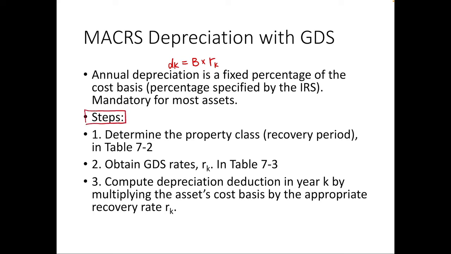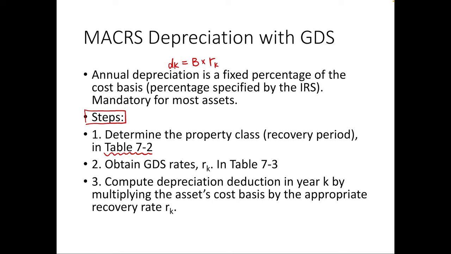here, we will use some tables. So the first thing is you need to determine the property class. So usually in a given problem, you will be told that there is a property and the type of the property is such, such, and such. And then you need to check in the table to see. The table is table 7-2 in our textbook. You need to check that table and read through those different classes of property, and then you need to determine which class is your specific property.